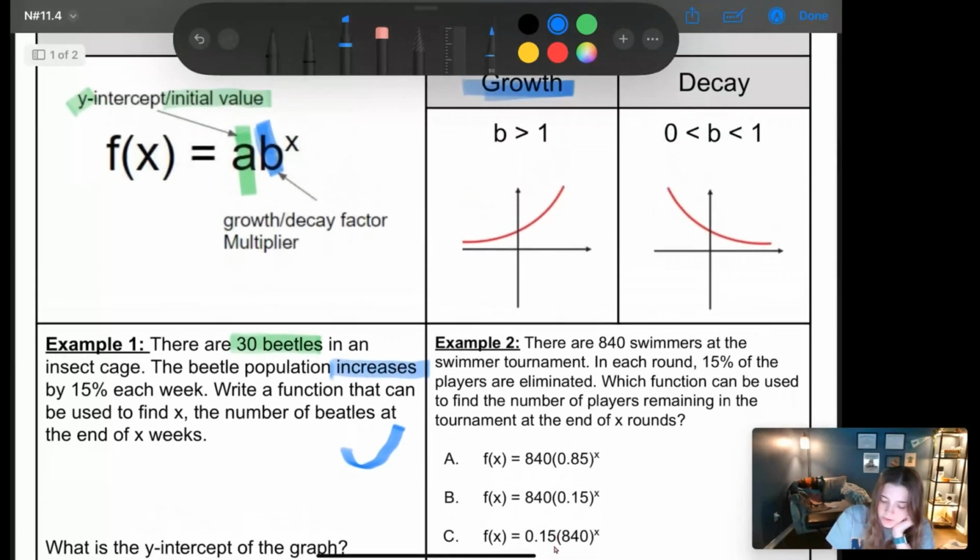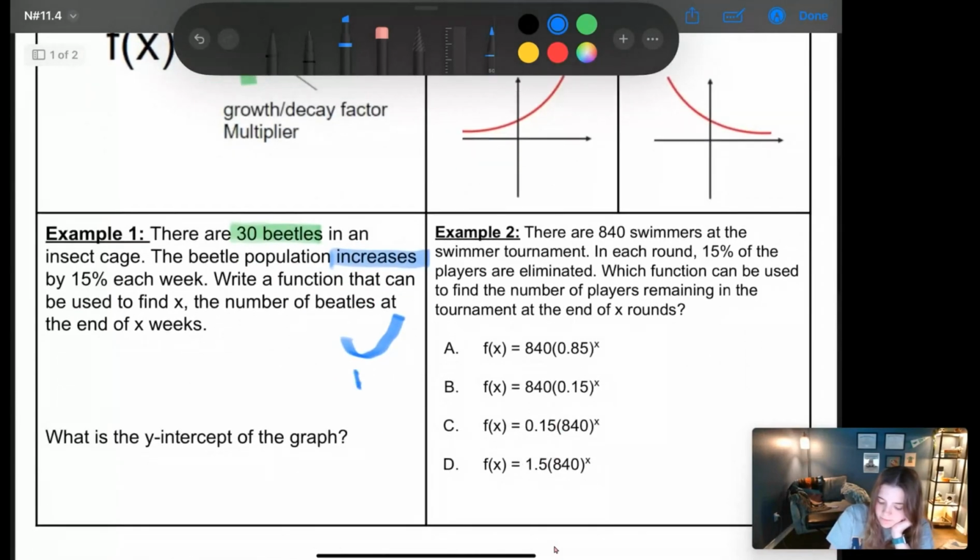So your B has to be greater than 1. Okay, by 15% each week. Write a function that can be used to find x, the number of beetles at the end of x weeks.